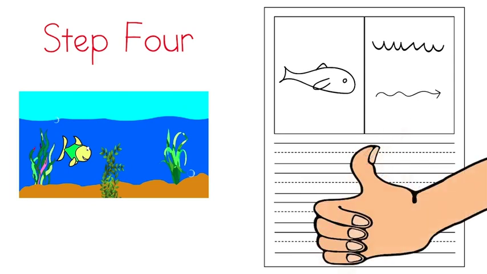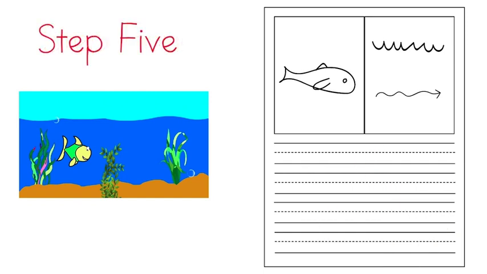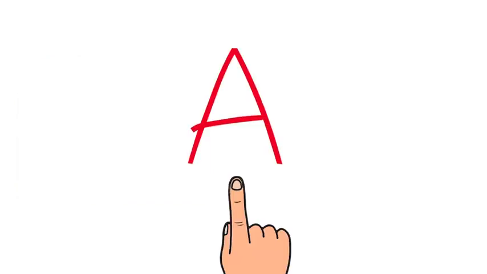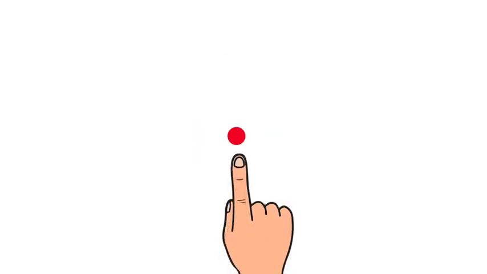Thanks, planning boxes. That's a fabulous sentence. Step 5. Time to plan for a capital and stop. Before we write our sentence on the lines below, we need to remember the rule. Every sentence starts with a capital, and every sentence ends with a stop.